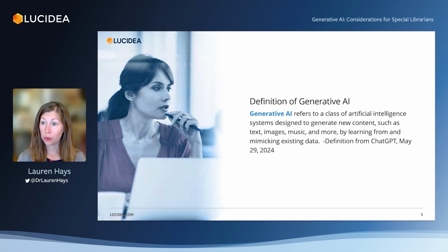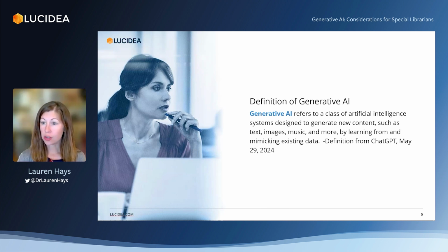It is not solely focused on text. It even creates videos. OpenAI, which is the parent company of ChatGPT, recently came out with a generative AI to create videos as well.